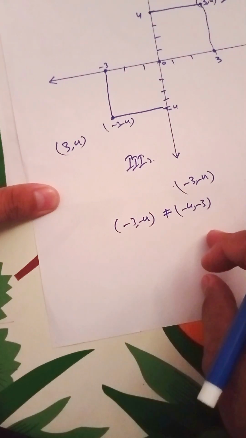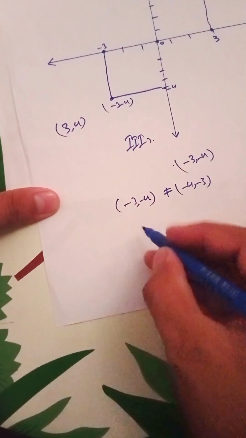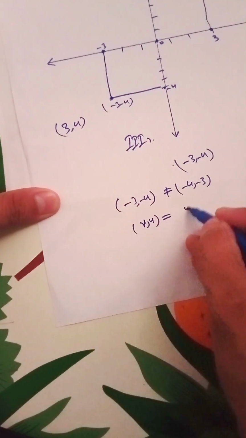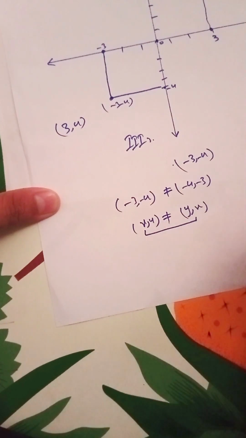Keep this in mind, because we said that in ordered pairs the order is important. We cannot say that (x, y) is equal to (y, x), because these ordered pairs have different locations.